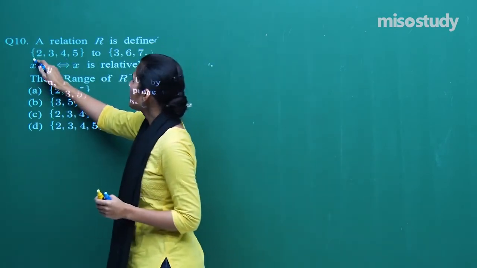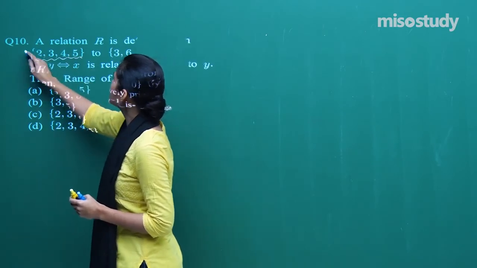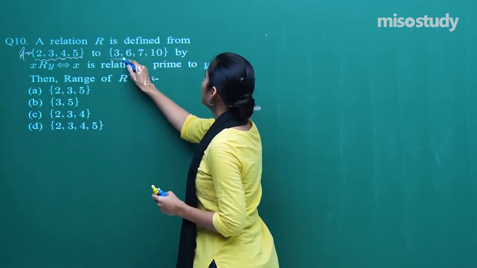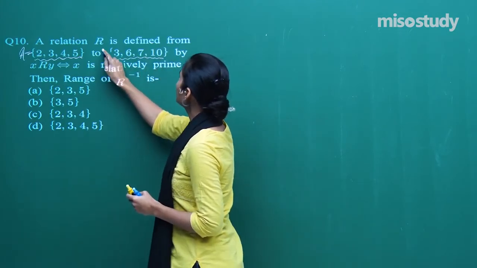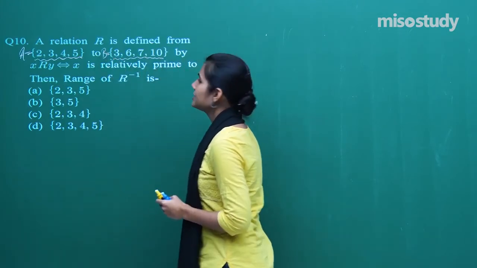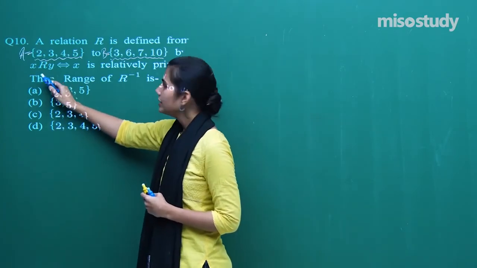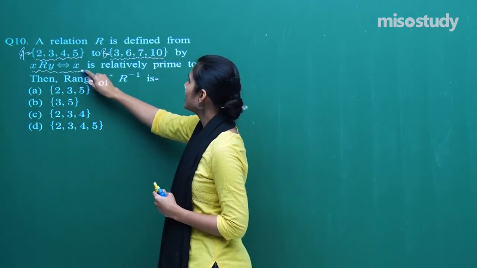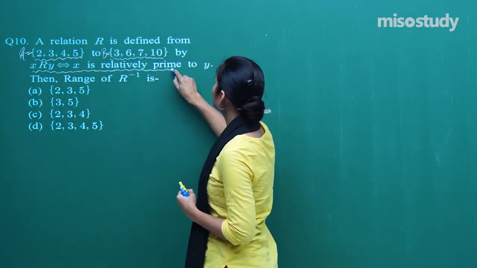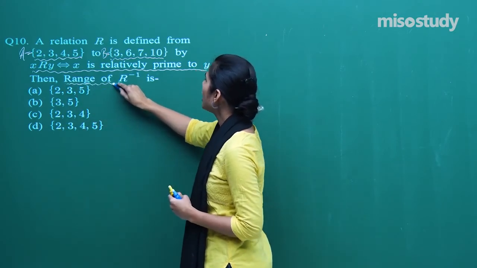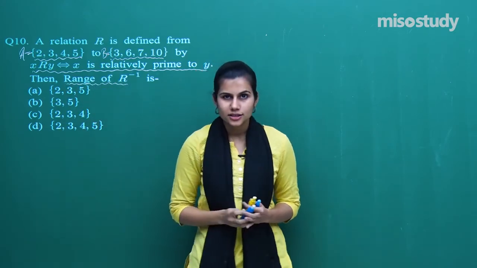So let's say that this set is my set A, and this set sitting here is my set B. By this rule that x is related to y if and only if x is relatively prime to y, what is the range of R inverse?